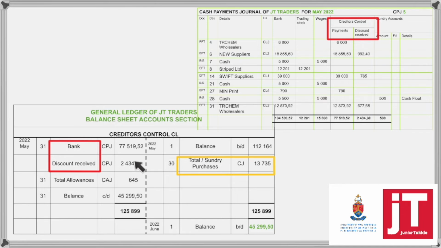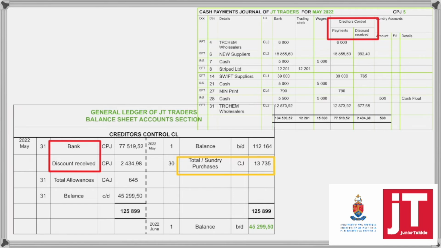So that's an extra sort of minus on the total that was due. So that 77,519 Rand plus the discount was included in this balance of 112,000. So if I don't take off the discount, it's going to reflect at the end that 2,400 is still due, and it's not, because they told us because we pay on time, we get a discount.